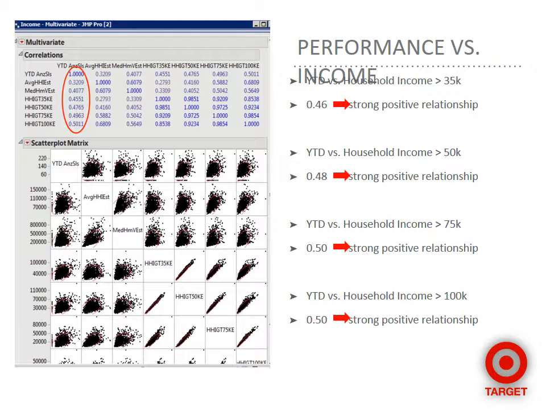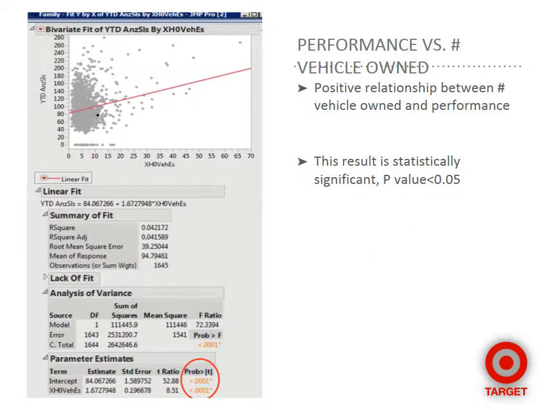Household income larger than 35K per year, 0.46. Larger than 50K per year, 0.48 correlation. Larger than 75K or even larger than 100K per year, the correlation is 0.5. It's really strong.